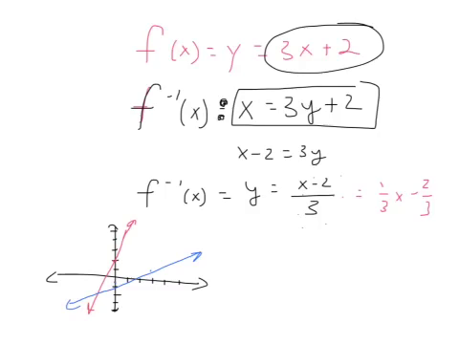And the idea here is that we're just taking all of the x and y values and switching them. For example, here we had the point 0, 2 on my function, and then on the inverse function, I've got the point 2, 0.